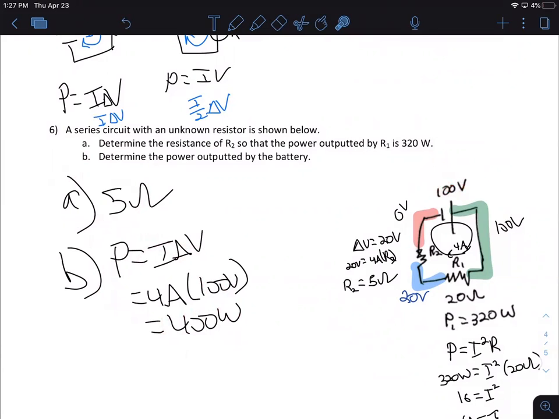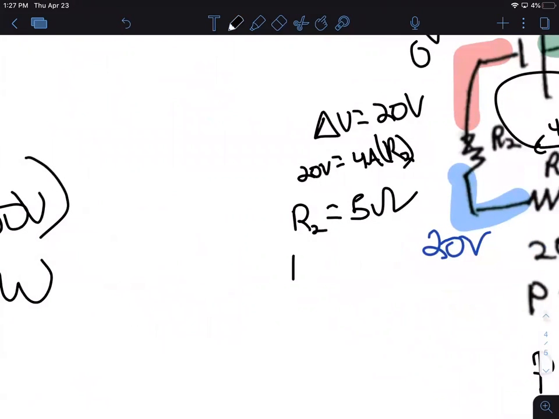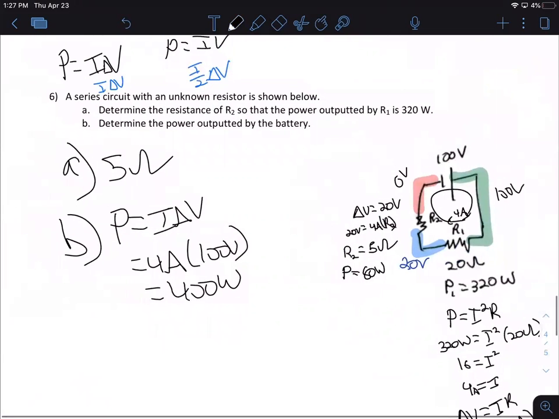It's adding. Resistor 1's taking away 320 watts. That means that the power for this one has to be 80 watts dissipated. Adding 400, take away 320, still have 80 left. And this R2 is going to do.